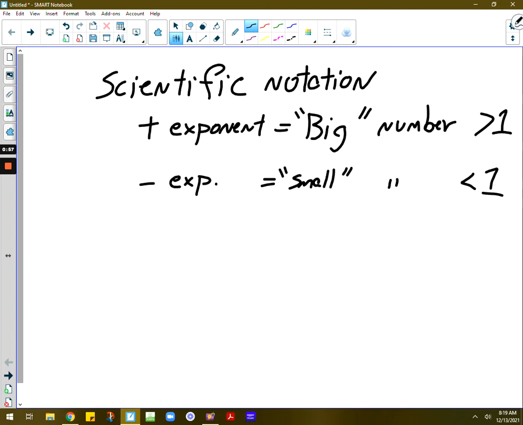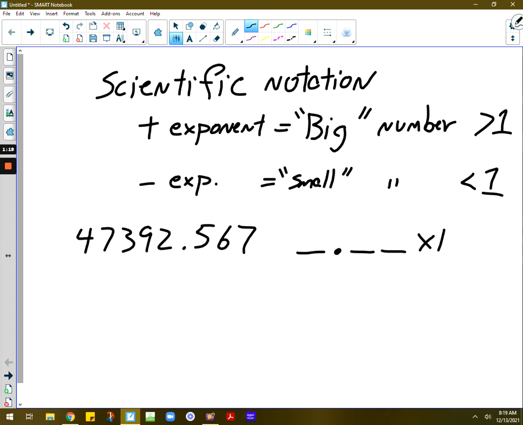So if I've got something like 47392.567, and I want to express that in scientific notation, I need to remember that scientific notation is always in the format of digit, point, digit, digit, times 10 to some exponent.